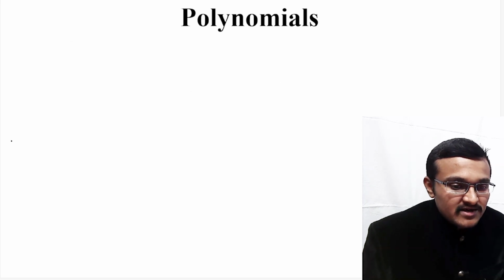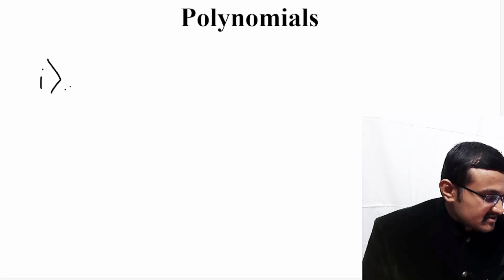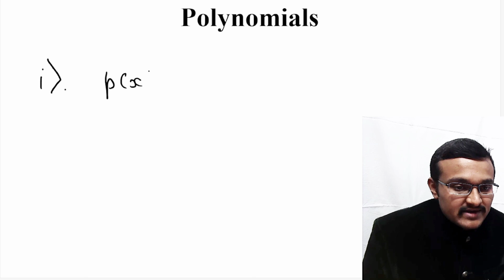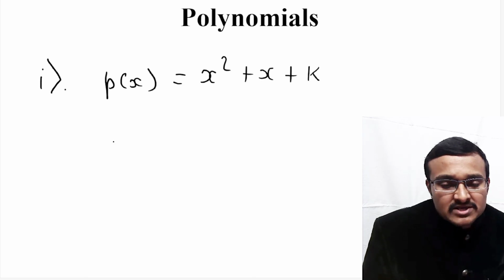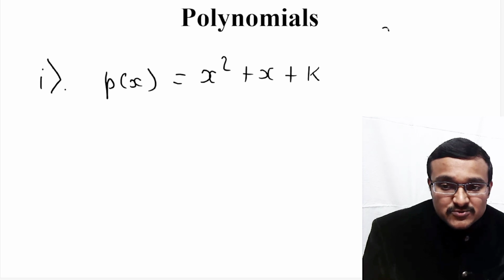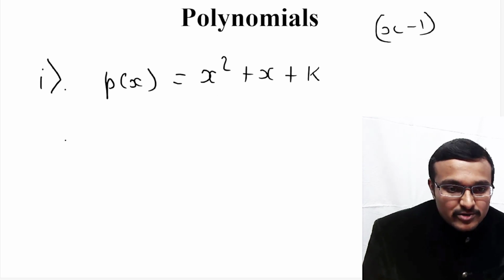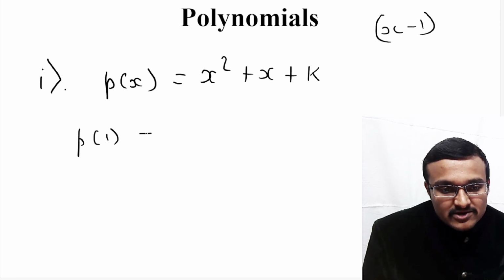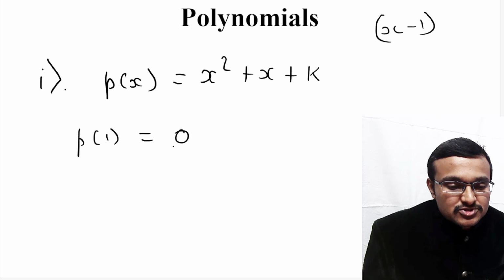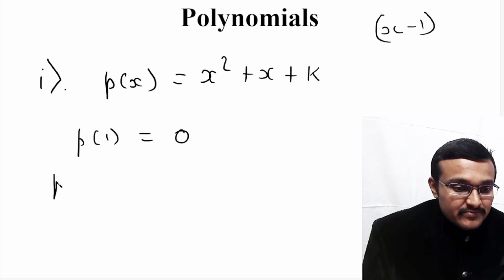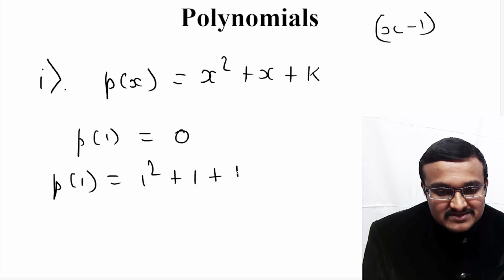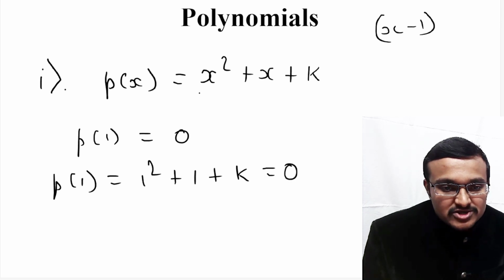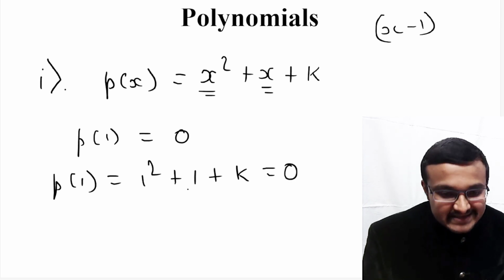So now we will look into the first question in this particular third question, that is p of x is equal to x square plus x plus k. Since x minus 1 is the factor of this particular polynomial, p of 1 will be equal to 0. So p of 1 is nothing but 1 square plus 1 plus k, which is equal to 0, because I am substituting 1 in the place of x.